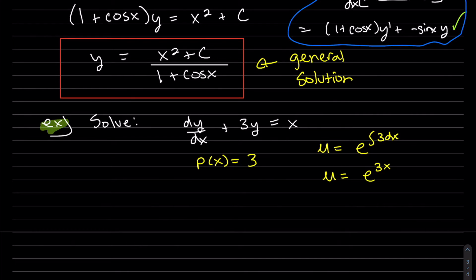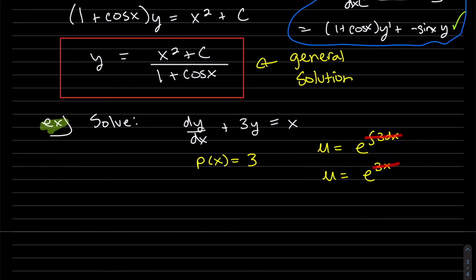By the way, I forgot to mention this above, but how come we're not writing plus c when we're integrating? So it turns out that you could, and if we did, it works, okay? Because we'll have the plus c. So if we did write the plus c, then we would have e to the 3x e to the c.